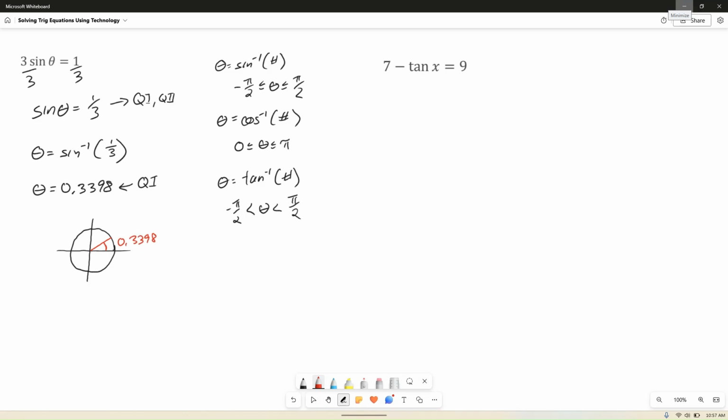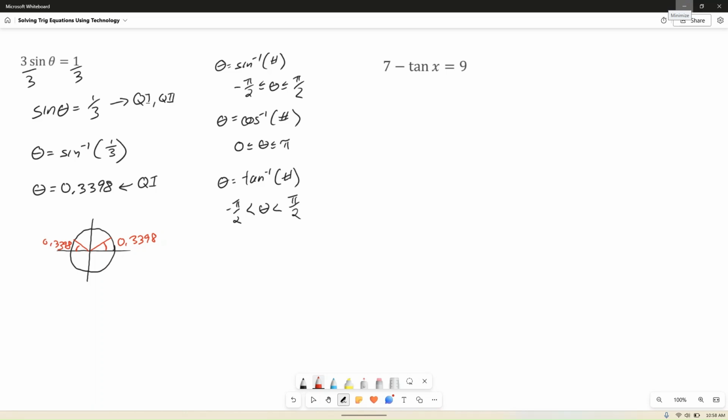Okay, that acute angle in the first quadrant serves as a reference angle for the angle that's in the second quadrant. And so if I drew this in the second quadrant, we have this acute angle here. That's the reference angle, and it is also 0.3398.